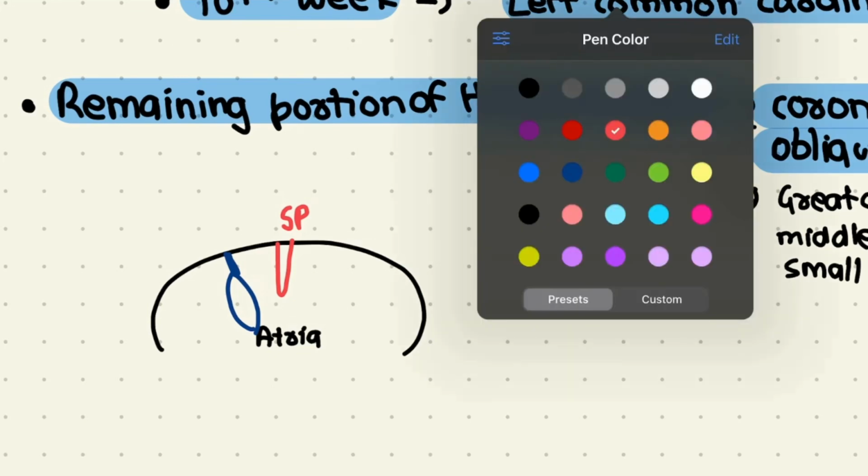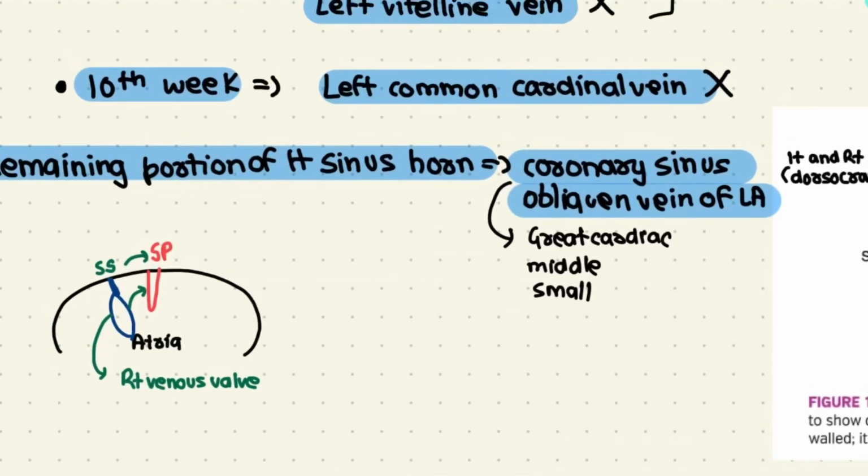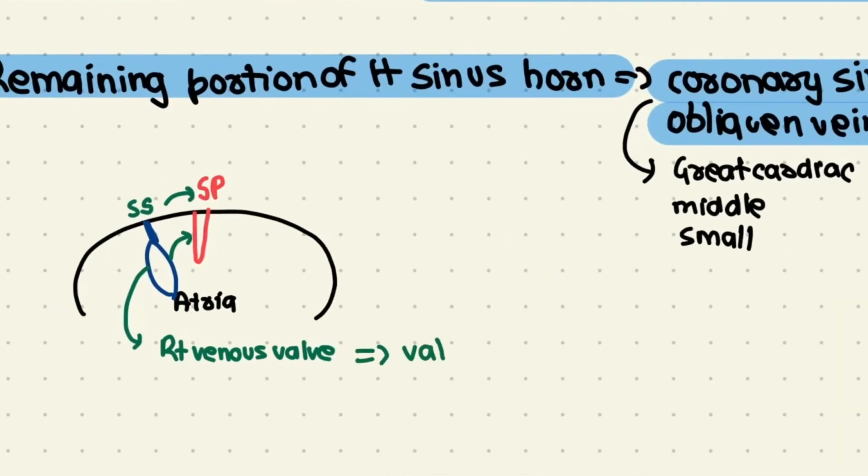So the left venous valve along with the septum spurium will fuse with the septum primum, and the right venous valve shall give rise to the valve of the IVC and the valve of the coronary sinus.